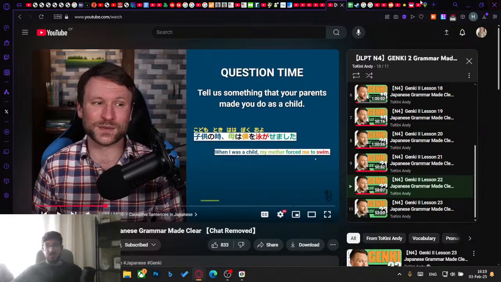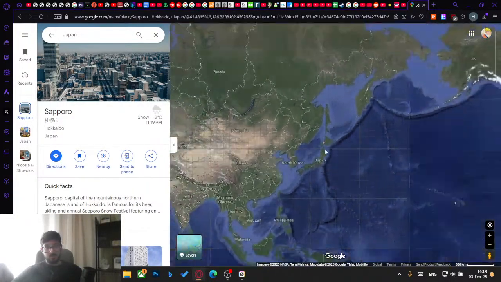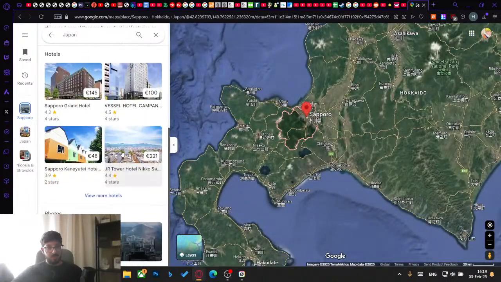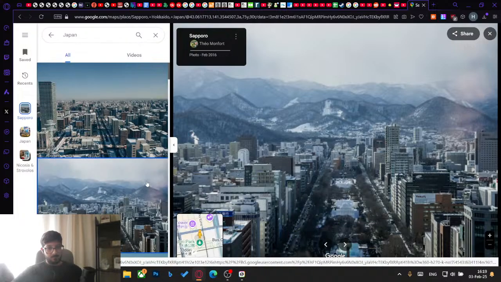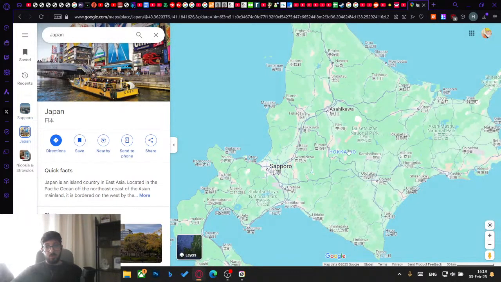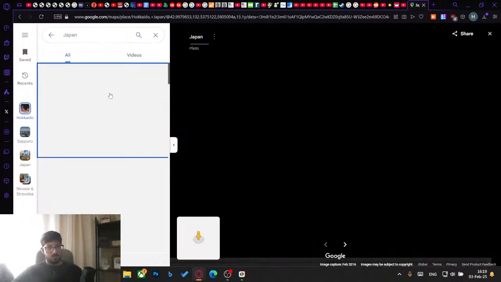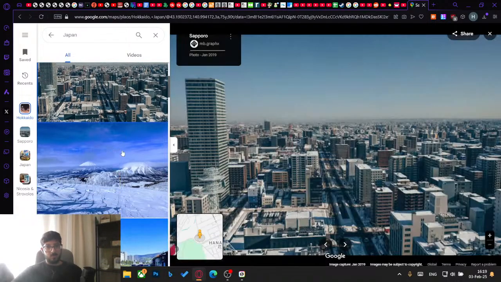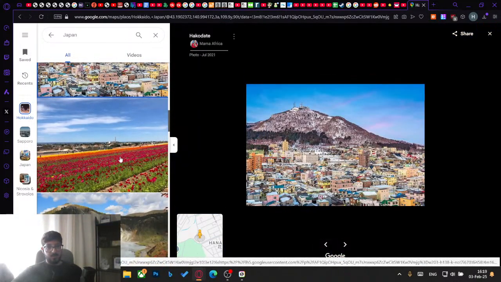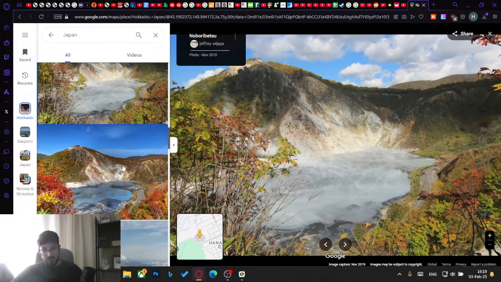You can ski. There are mountains. There is a lot of snow. It's in the north, of course. It's close to Russia also. So Sapporo, Hokkaido is here. All of this is Hokkaido, no? Okay, a lot of snow. Maybe I don't like a lot of snow. I like snow, but I don't like cold weather.